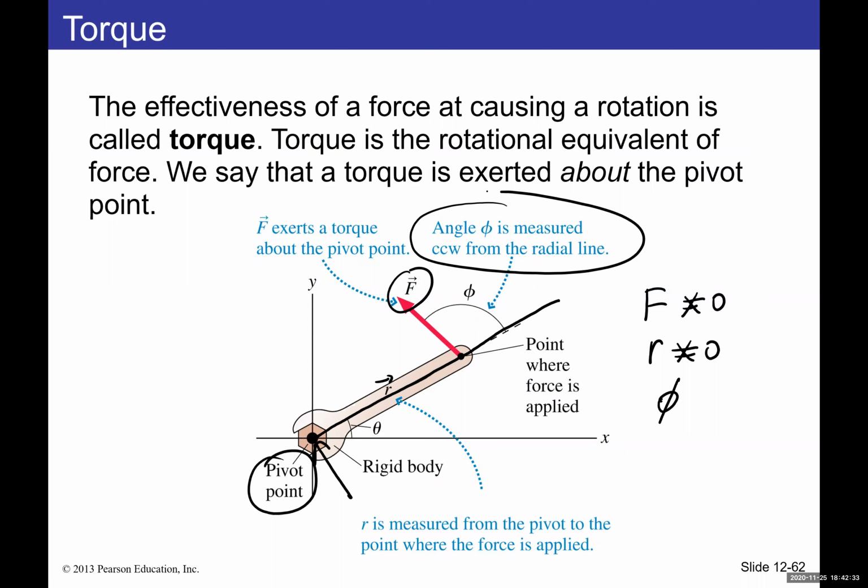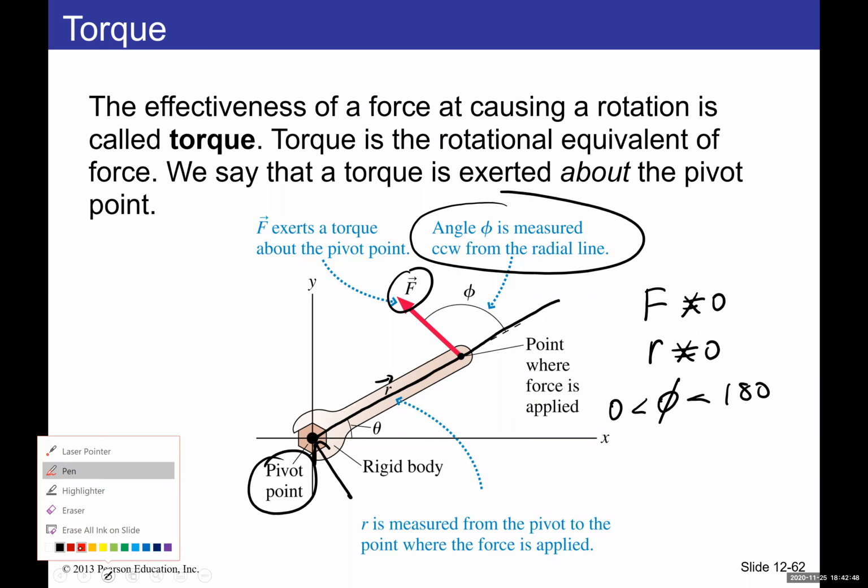Then phi here cannot be zero, or 180 degrees. Because if it's zero, the force is acting in this direction and it's not going to rotate the wrench. Or if it's in this direction, again, it's not going to rotate the wrench.